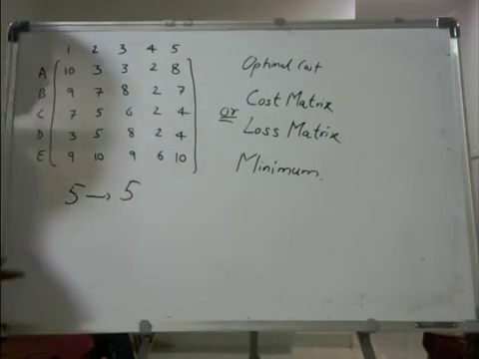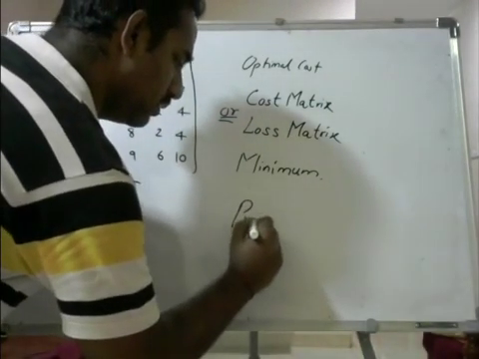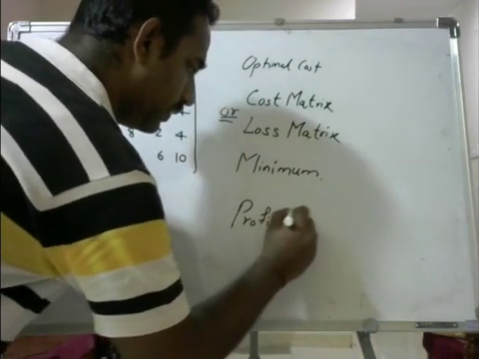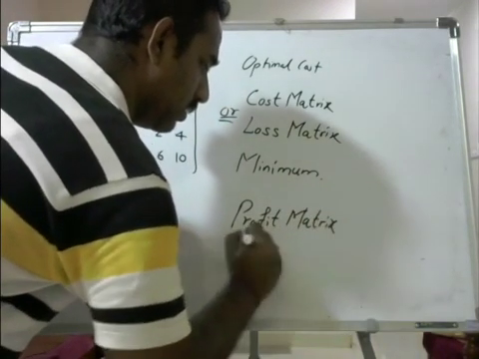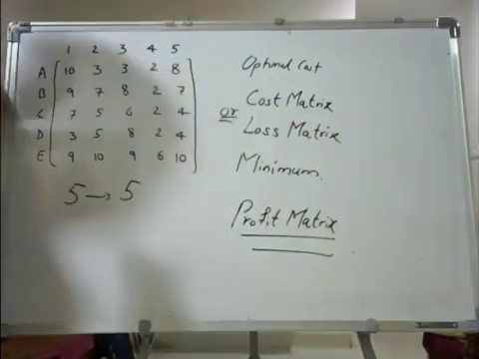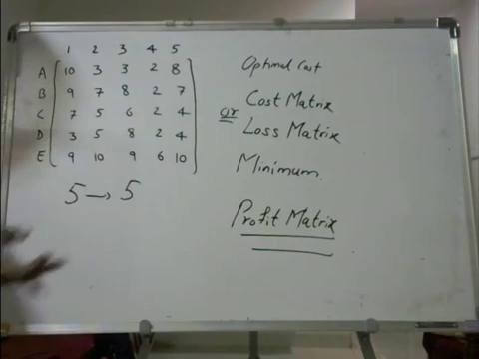Like that, they will give. That kind of a matrix is called a profit matrix.